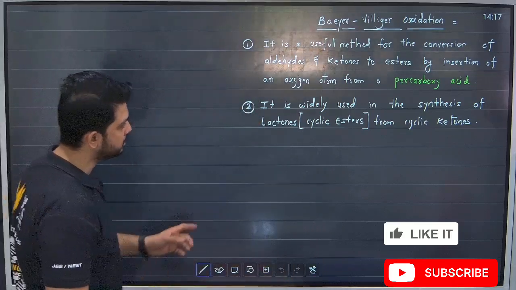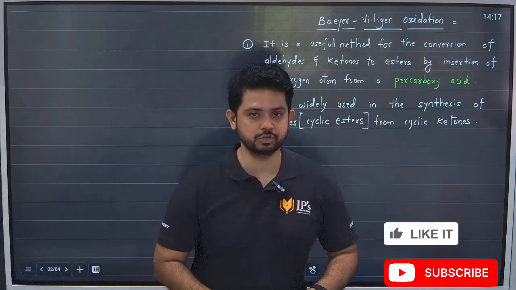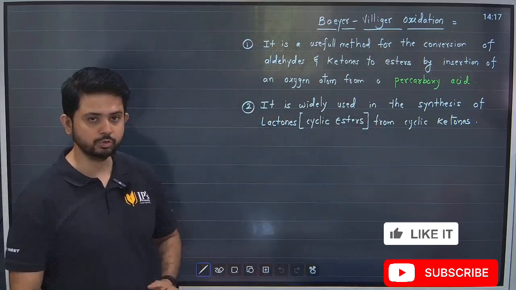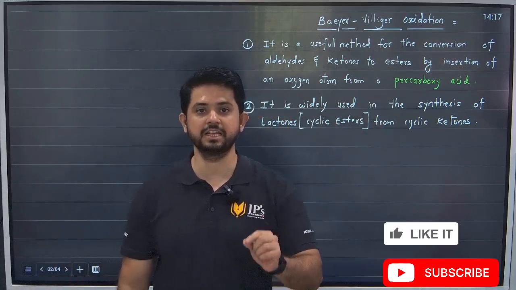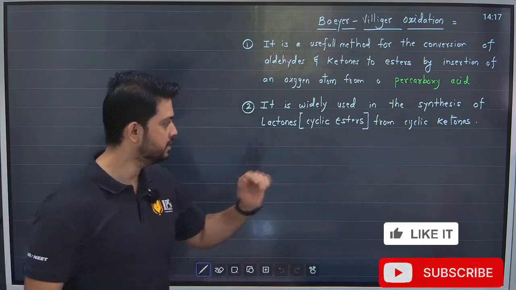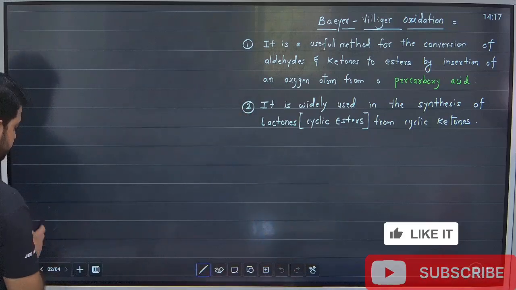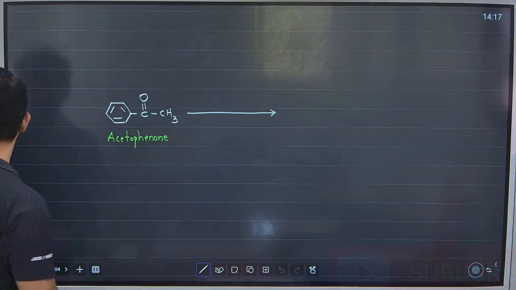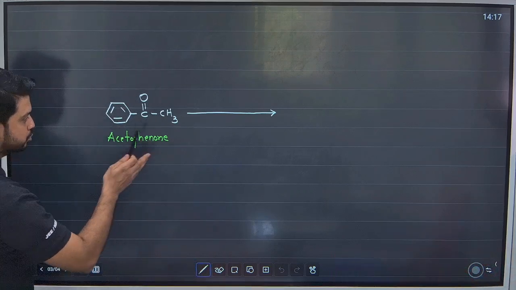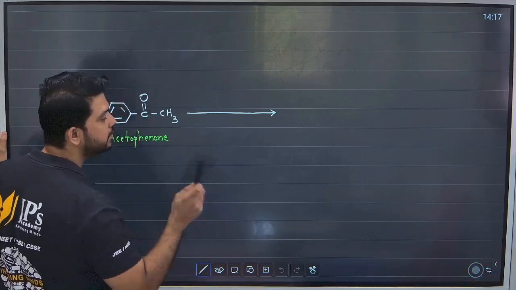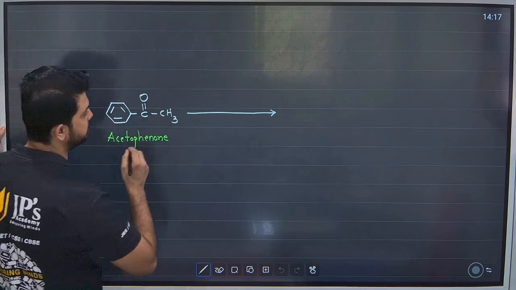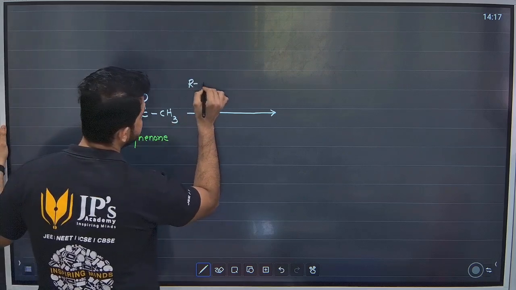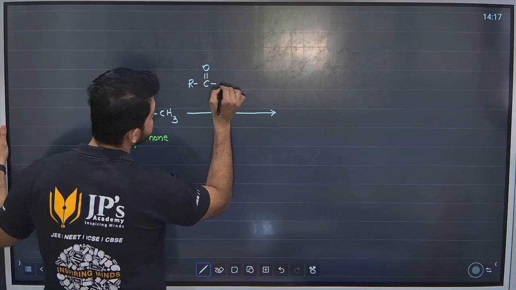Students, one more point, this reaction is widely used in the synthesis of lactones, which is synthesis of cyclic esters from cyclic ketones. So for example, we have taken acetophenone, and to do this reaction we need a per-carboxy acid. So let's take a per-carboxy acid.